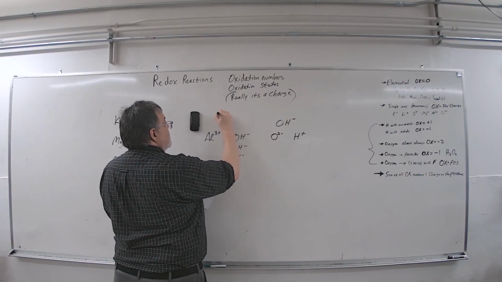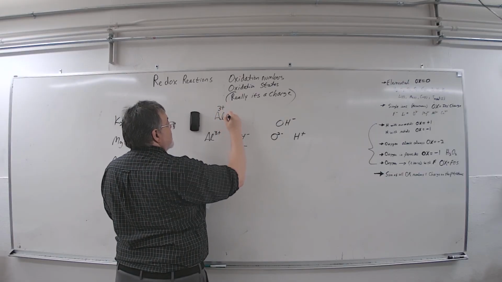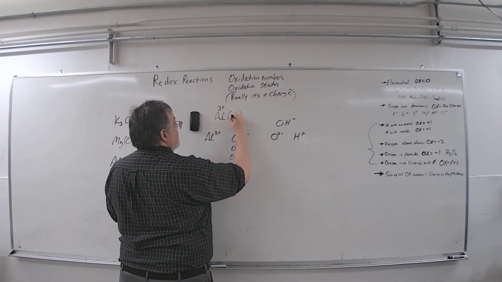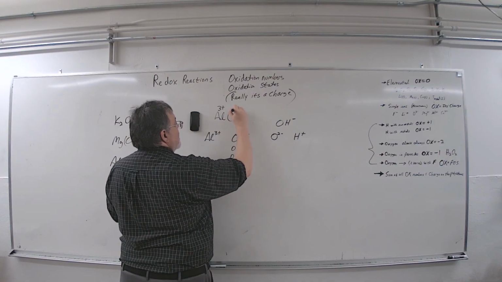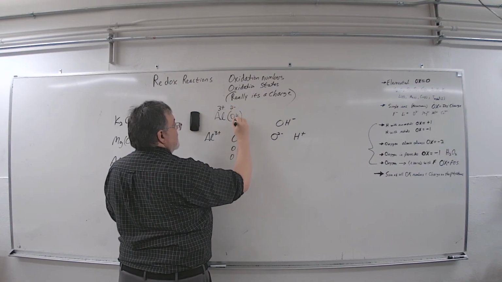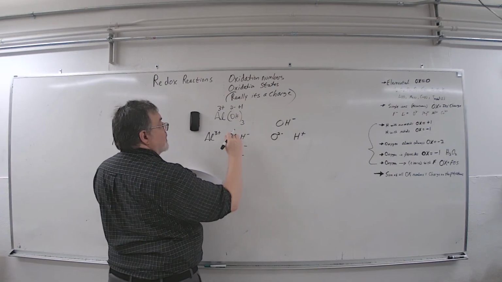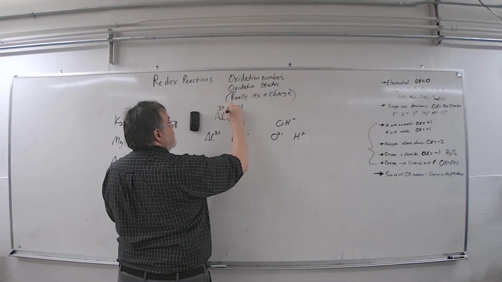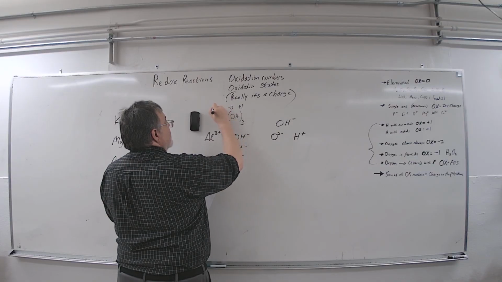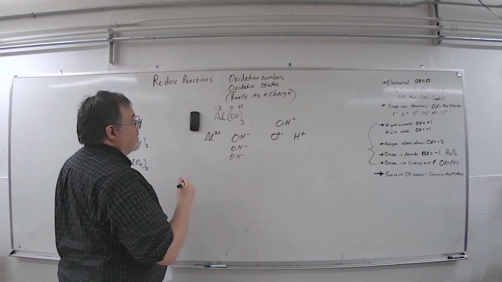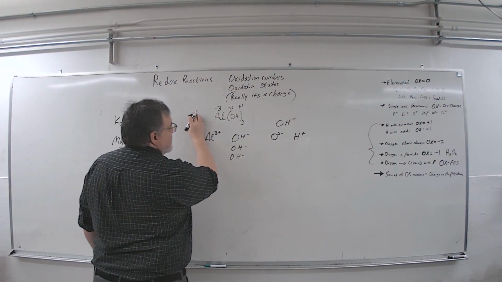This one is aluminum, which was 3 plus. Oxygen was 2 minus. And hydrogen is plus 1. If we add those up, it should equal 0.